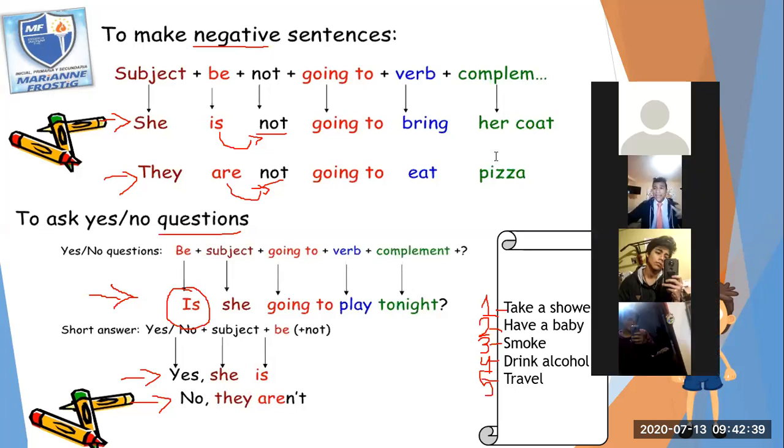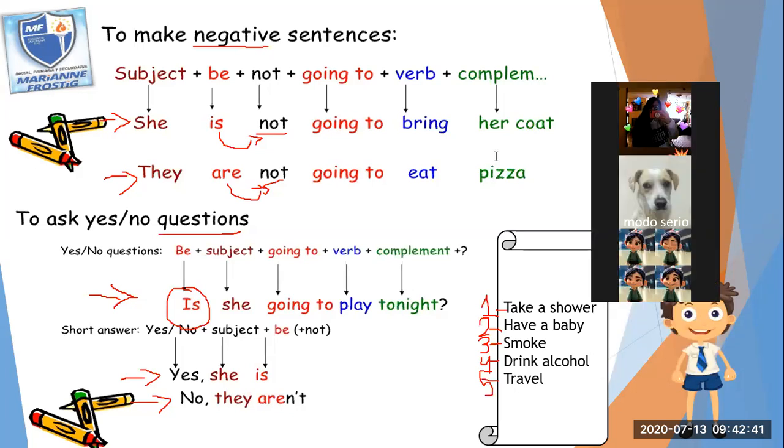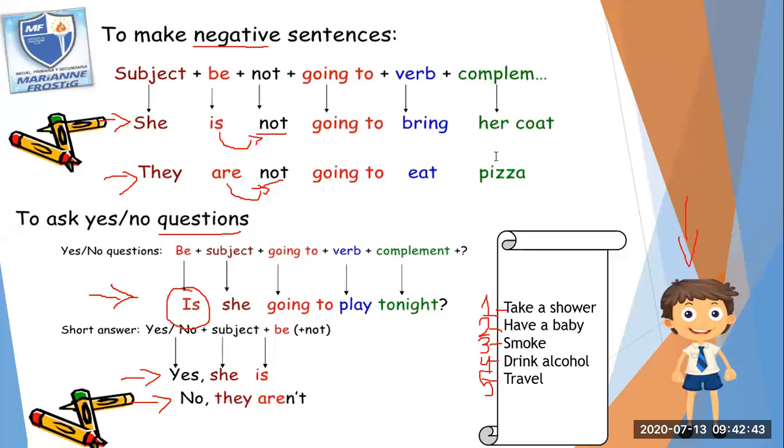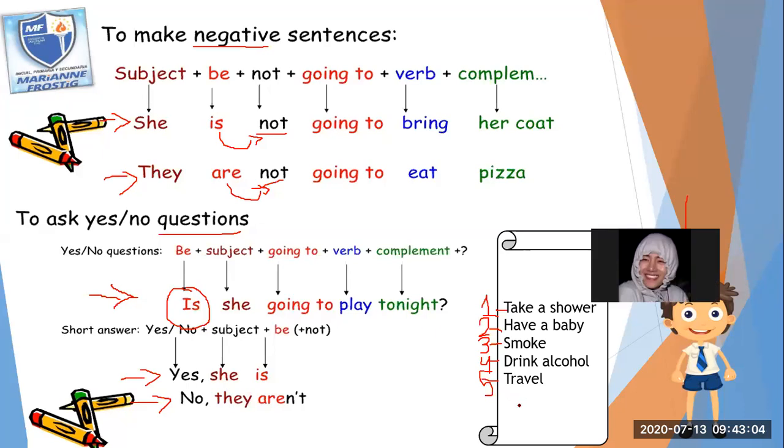Okay, Antoine is going to write the answer on the chat. We are waiting for you. Naomi, please help me with number 5, but speaking, please. Tell me number 5 in affirmative, orally. She is going to travel. She's going to travel. Very good.